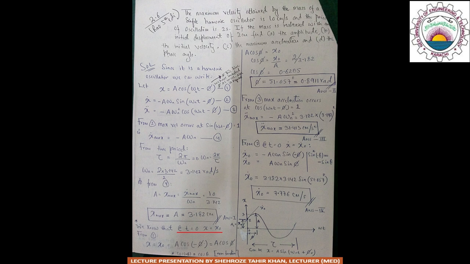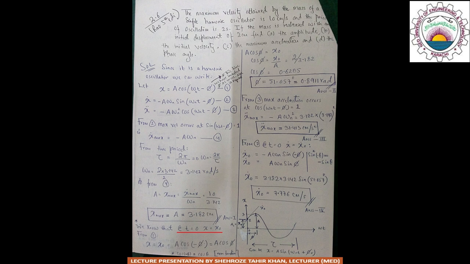Therefore, equation 1 becomes x is equal to x naught is equal to a cos of minus phi, which is equal to a cos phi. Actually, equation 1 is the function of displacement. That's why we use it here in order to find out the initial velocity by applying the suitable initial conditions.